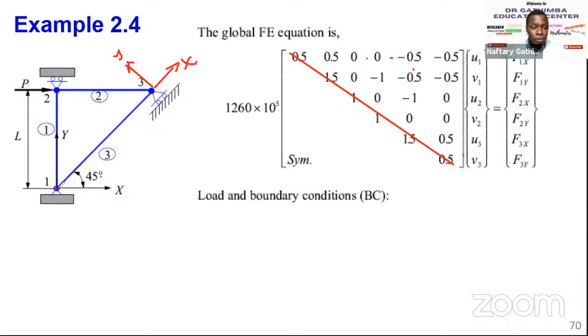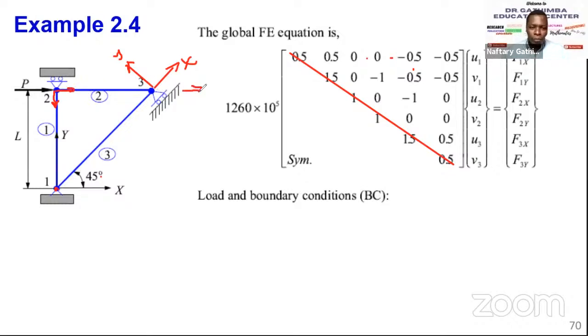So about the boundary condition, you just look at the fixity. This is a hinged or a pinned joint. So U1, V1 is equal to 0. Here, this is a roller. So there's no displacement downward, but we can allow the movement in the horizontal. So V2 is equal to 0, U2 is not equal to 0. Now here, we just forget about it.